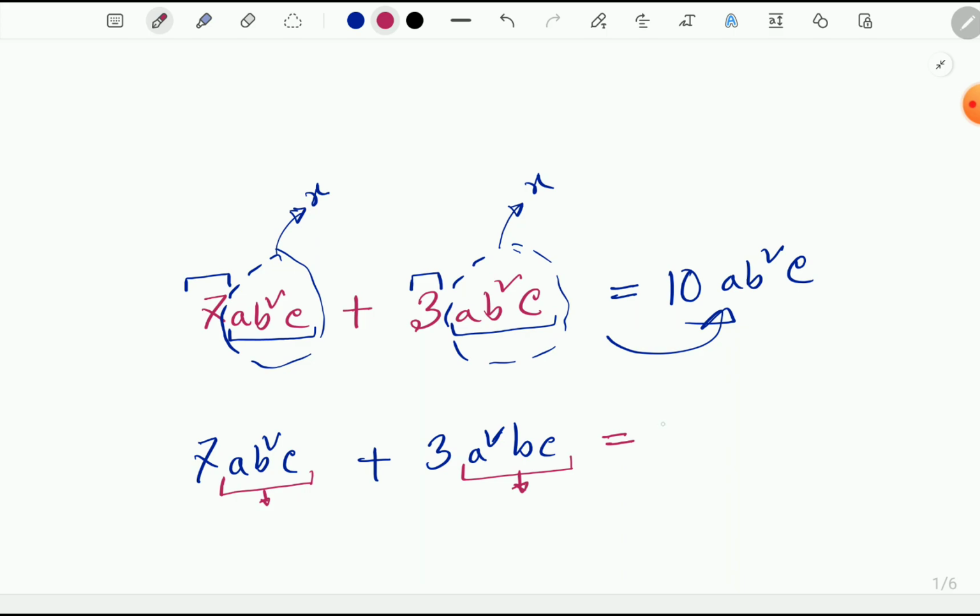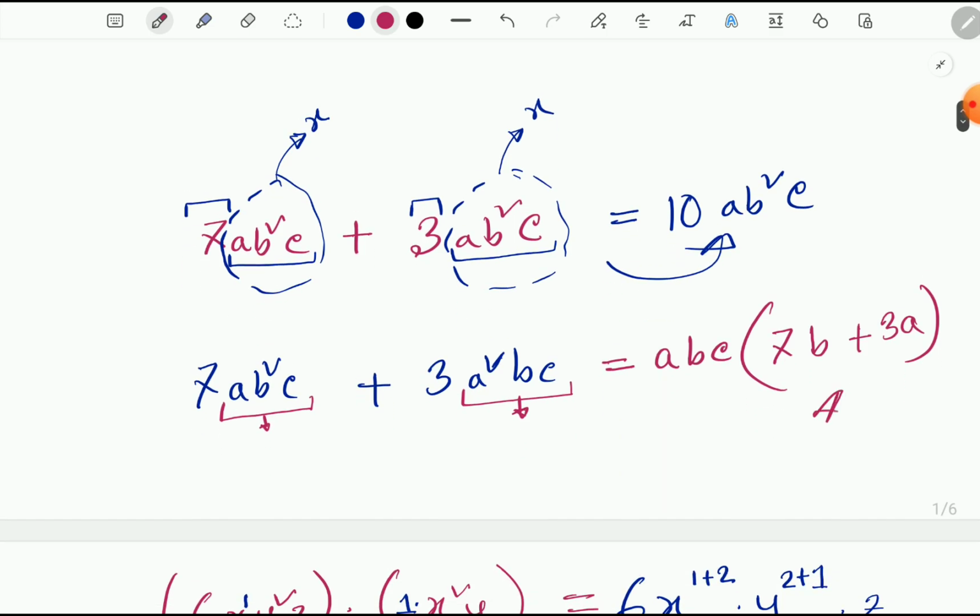So if I take out abc, then the remaining part is 7. First there was 2b, b squared, so 1b will remain, plus 3, 1a will remain. So this is the simplified version of what we can do, but still it's a polynomial.